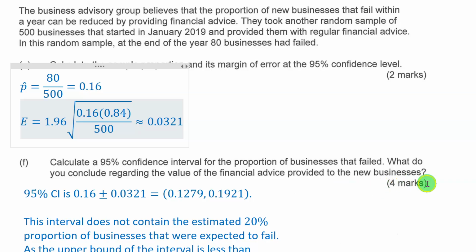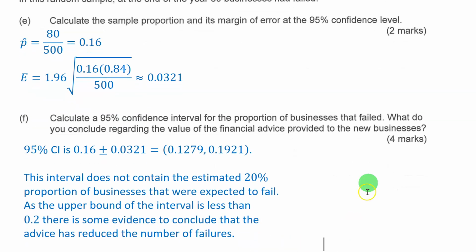And then the other 2 marks are from coming up with a conclusion here. So we've got to look at what's happened here, and did the value of the financial advice provided to the business change anything? So the expected proportion before was 20%, and this interval doesn't contain 20%.